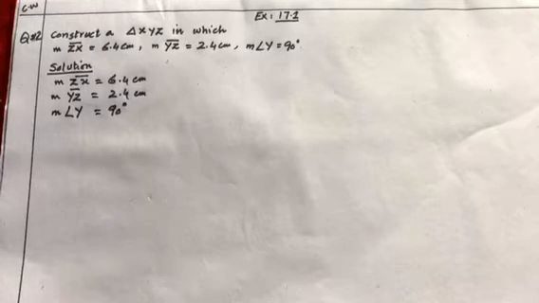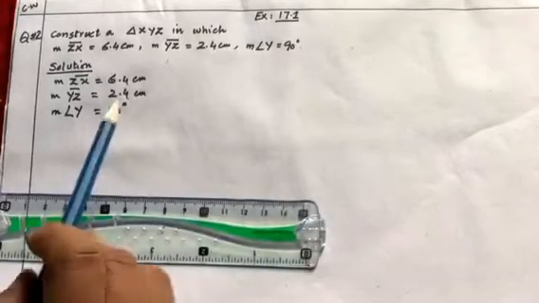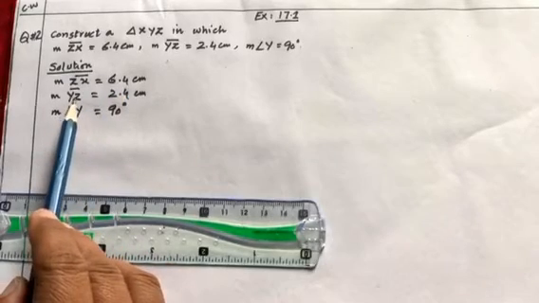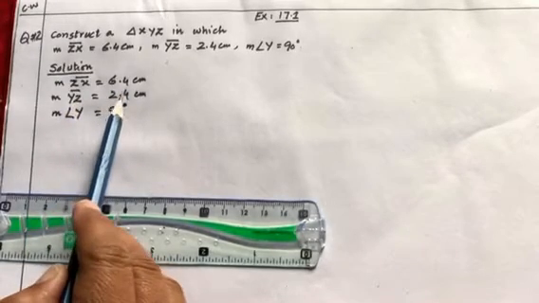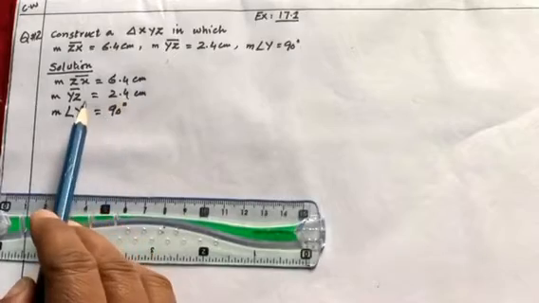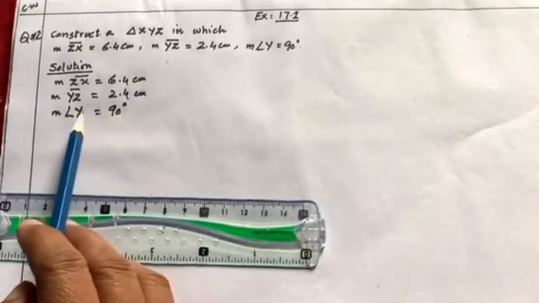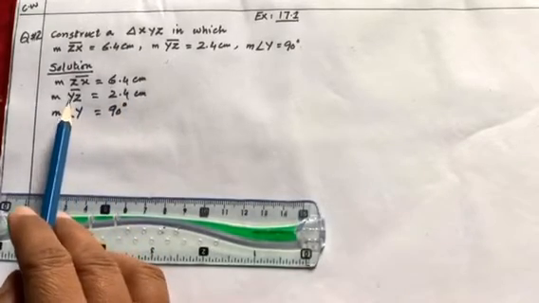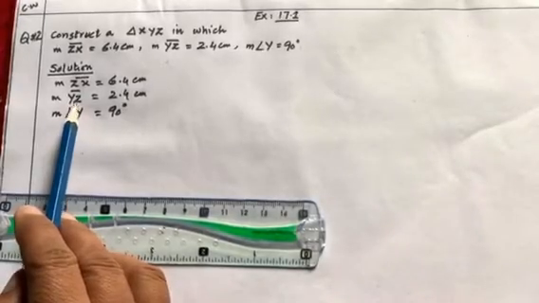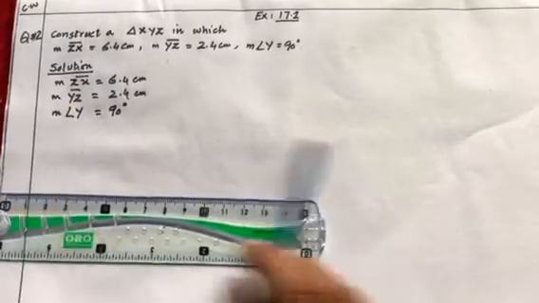So first of all, we will draw a line segment YZ, which is 2.4 centimeter, because the angle of 90 degrees is given at the point Y. So we will draw the side YZ in which the point Y occurs.